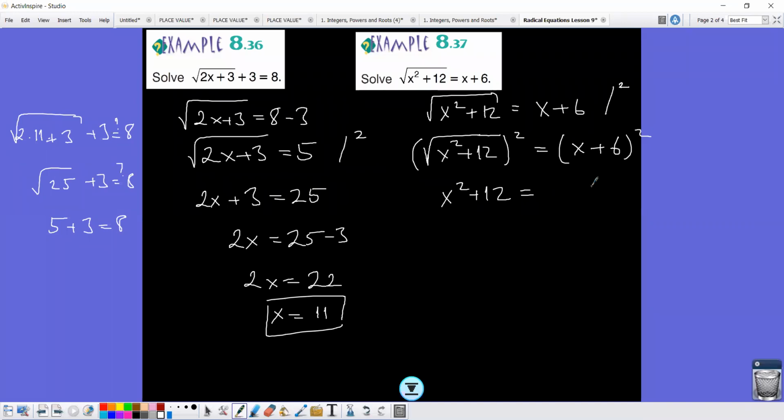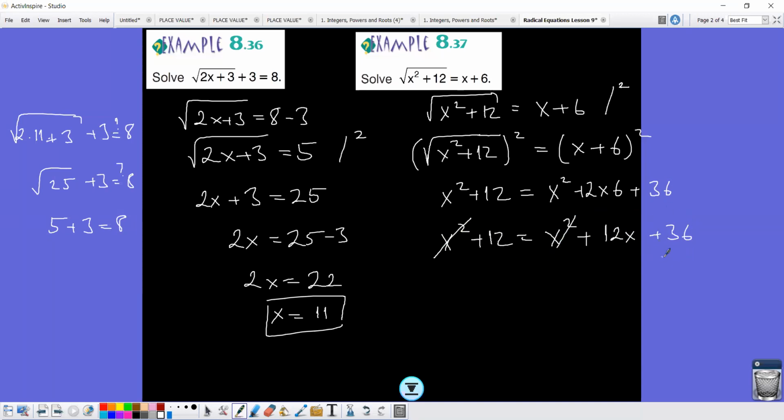No, you have a binomial square here. So it will be x squared plus 2 times x times 6 plus 6 squared, which is 36. Then we have x squared plus 12 is equal to x squared plus 12x plus 36. Now this x squared and this one will cancel each other. So it will be 12.